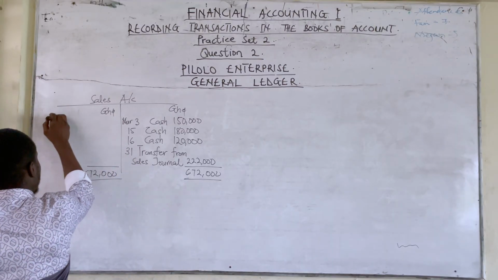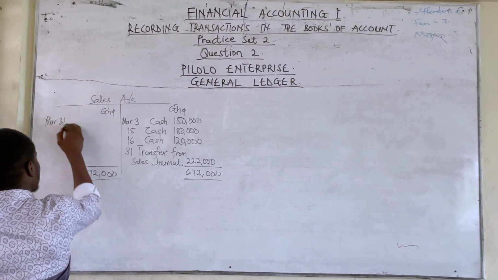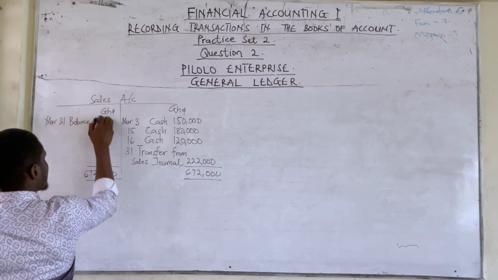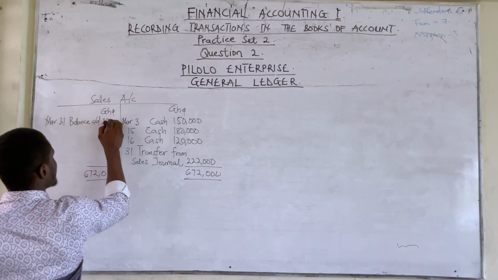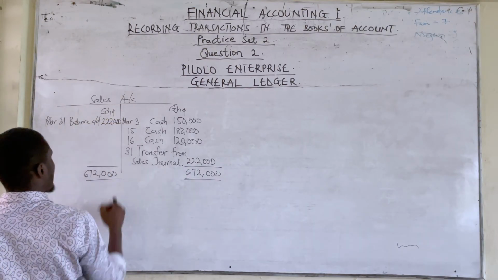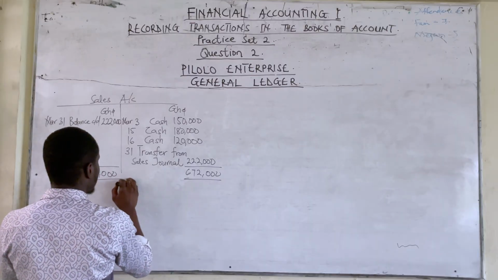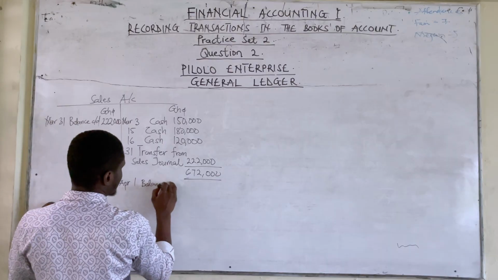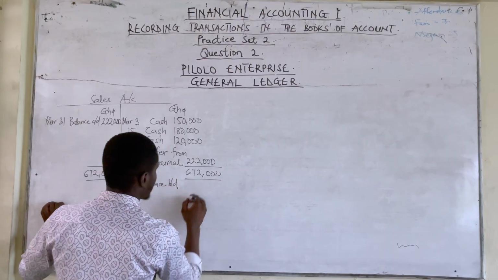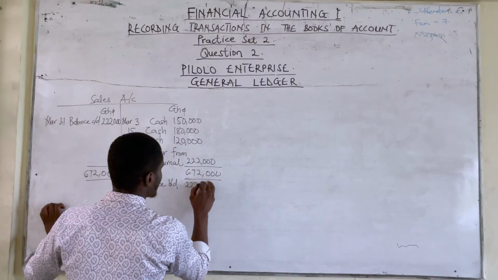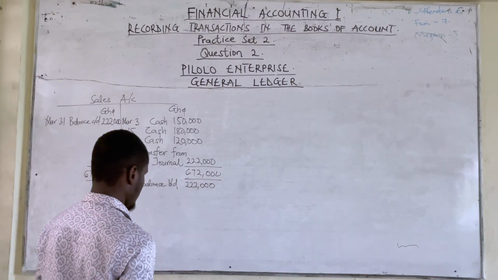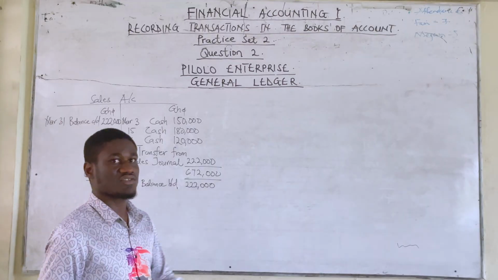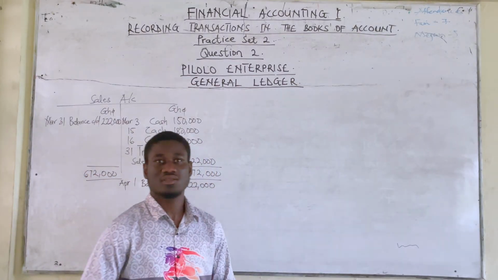So when we come here, March 31st, balance CD is what? 222,000. Good. So April 1st, our balance BD is 222,000.